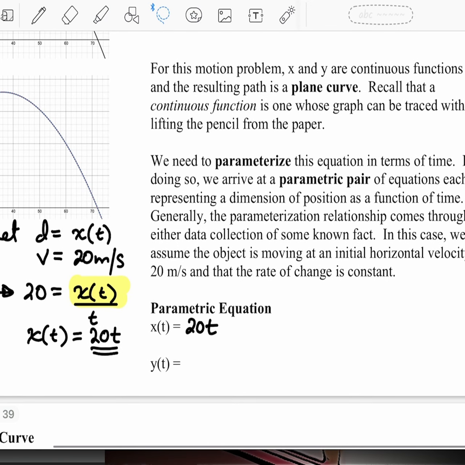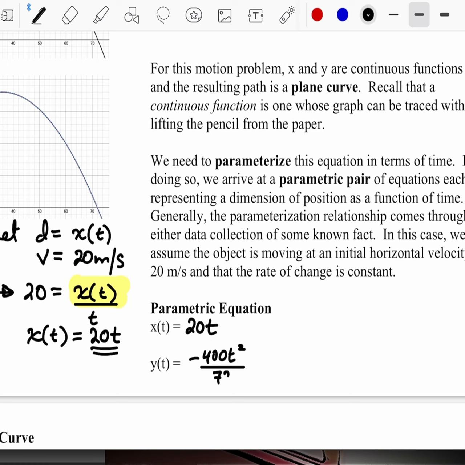So that's going to be, again, negative 400t squared over 72 plus 20t. Now we could simplify also.